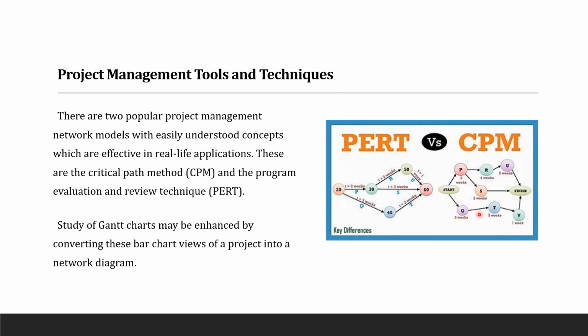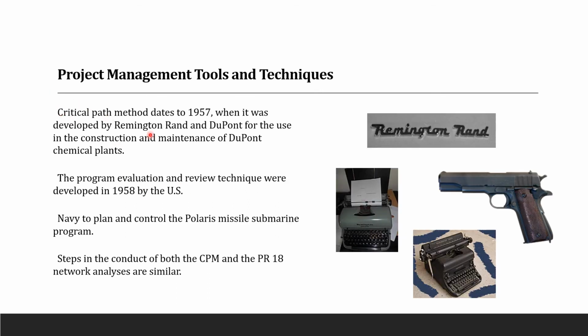Now we're going to apply this in real life. Let's see how we do that. So now let's go back and learn some little history. Your critical path method, CPM, dates all the way back to 1957. People who were born from 1920 to 1970, 1980 did a lot of stuff.